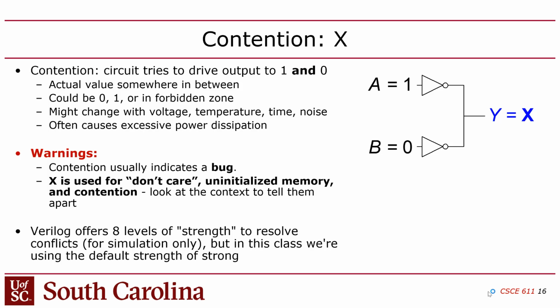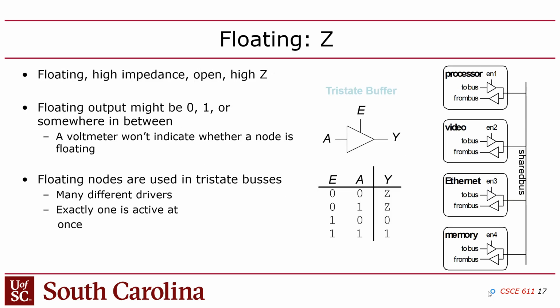Okay, so here's an example of contention. We have two inverters fighting over the same wire, right? Another value that you see in Verilog is Z, which stands for floating or high impedance. So if you have a circuit and you're testing it and you forgot to set one of the inputs, it's going to come up as Z. So Z is basically what you get if you forget to set something or if something's unconnected.